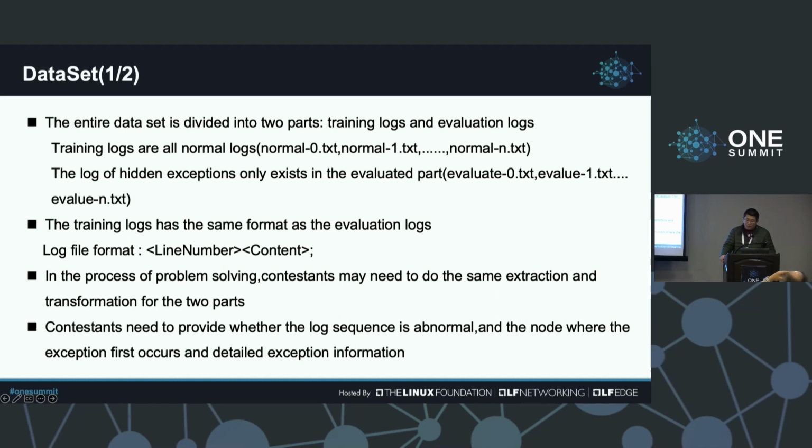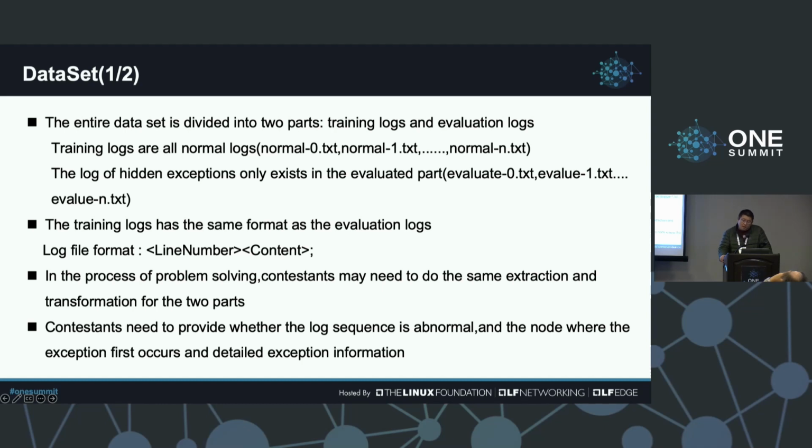In the first part, the content of the file is a series of logs generated during the normal running of the system. The second part is composed of multiple log sequence files. The contents of each file are log fragments of the system running for a period of time, and there may be exceptions.